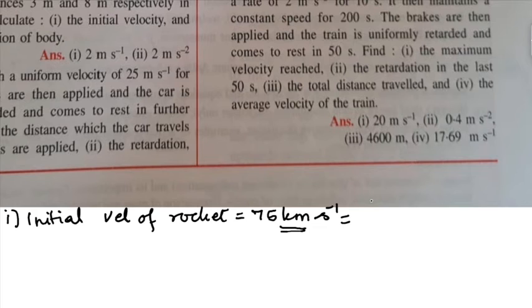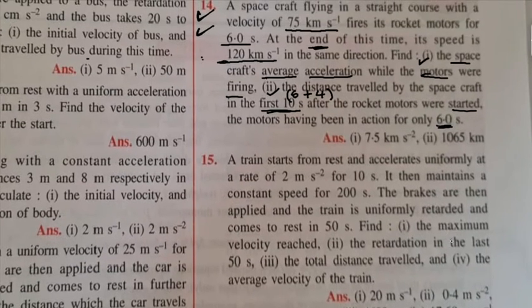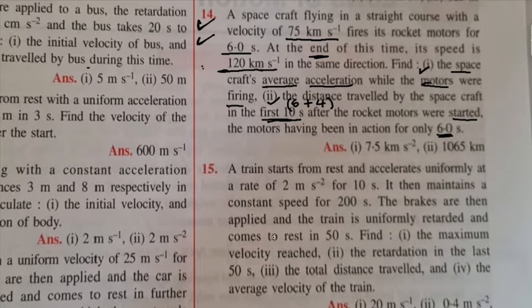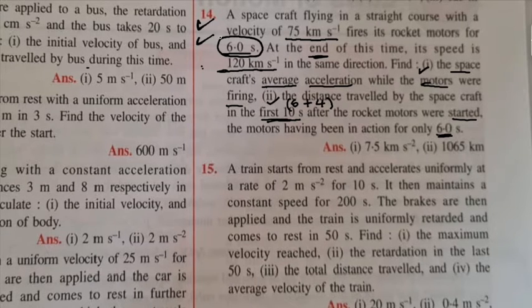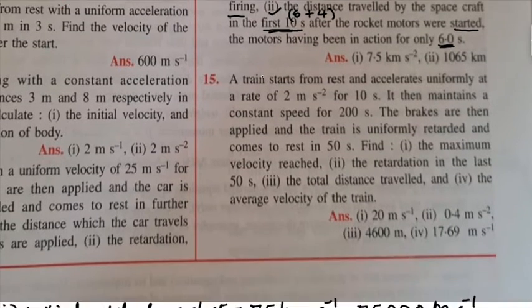So 75 kilometers will be 75,000 meter per second. Okay, let us see what else we have to write. It is going to be fired up for 6 seconds, and at the end of it the speed becomes 120 kilometers per second.